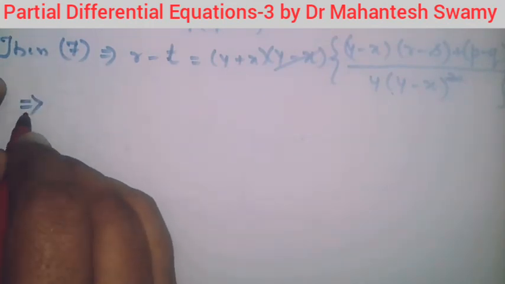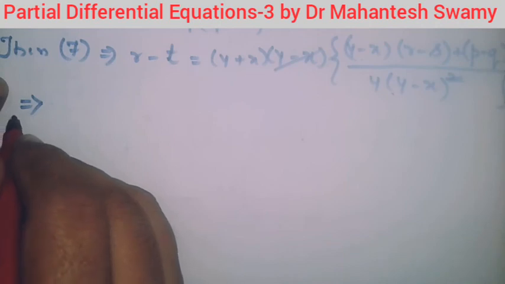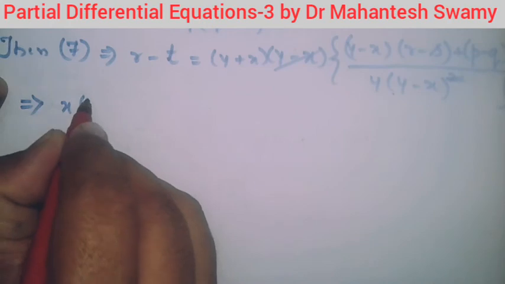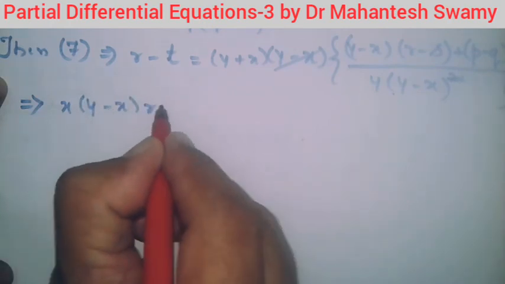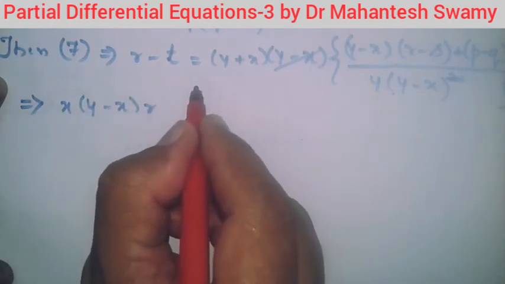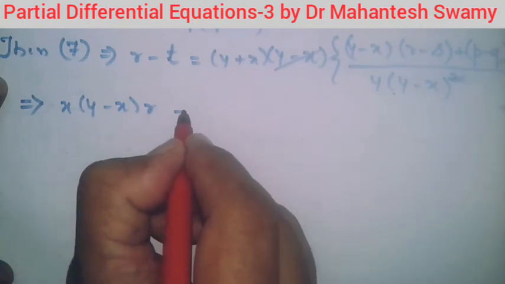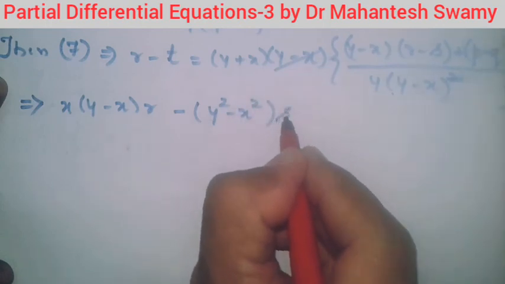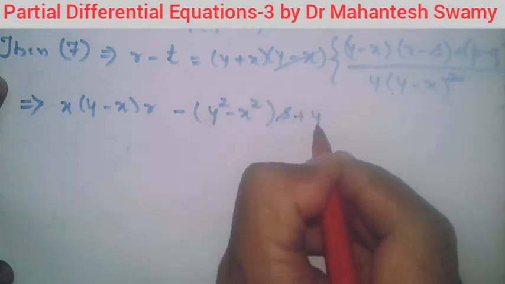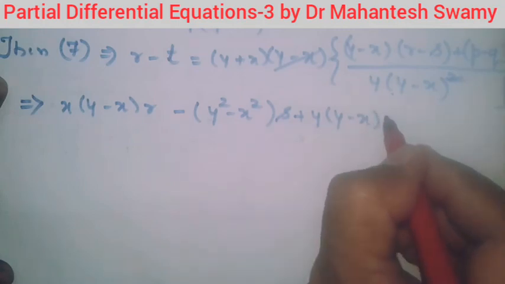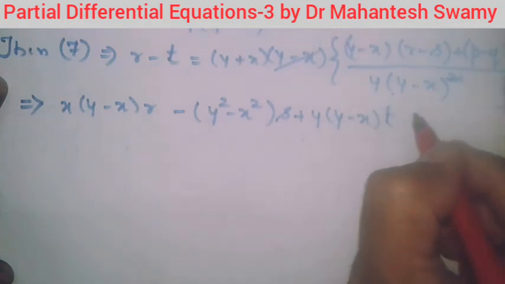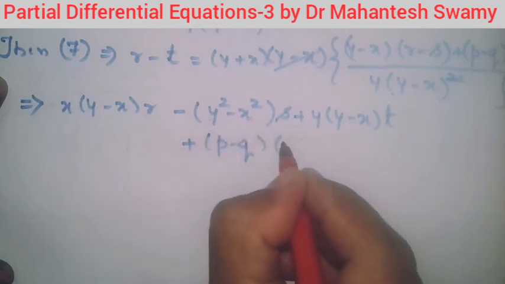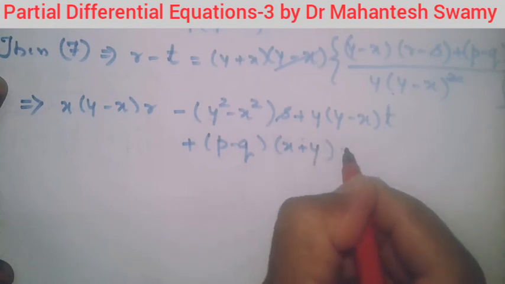After simplification and rearrangement of the terms, we are going to get a partial differential equation of second order, that is x into bracket y minus x into r, minus bracket y square minus x square into s, plus y into bracket y minus x into t, plus p minus q into bracket x plus y, that is equal to 0. I request you to do that simplification and rearrangement work. It is quite simple.